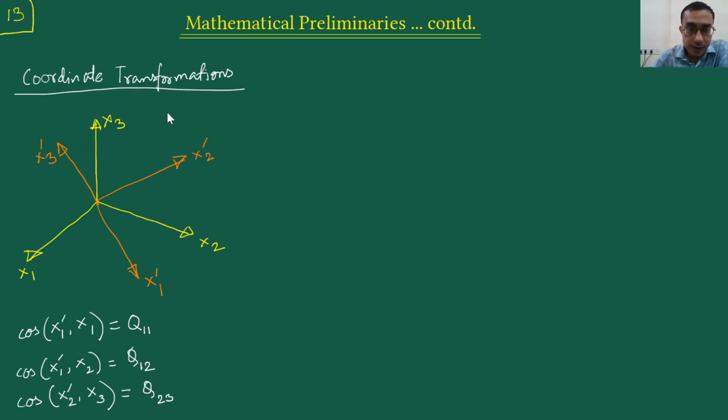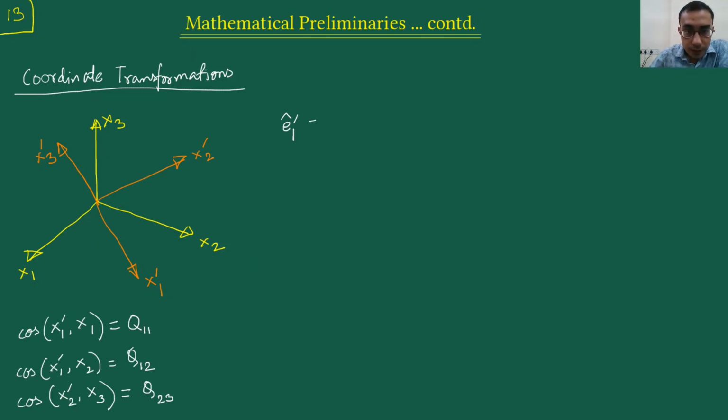So what we'll note is, first of all, the E1 hat dash, the unit vector lying along this x1 dash axis. What will be that? The magnitude of that is 1. So the component of that unit vector, the E1 dash unit vector, along the x1, mind you, this is very important, that component will be what? That will just be the cosine of this angle, and that we have already seen is nothing but q11.